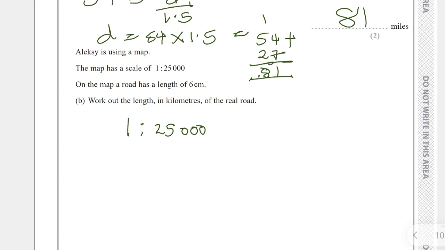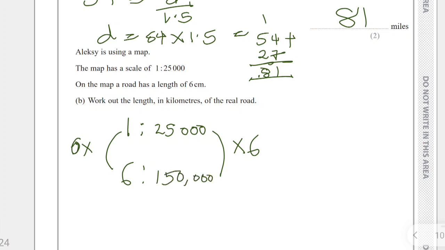If the length of the road on the map is 6 centimeters, we multiply 1 by 6, which is the same as 25,000 times 6, and that gives us 150,000 centimeters.